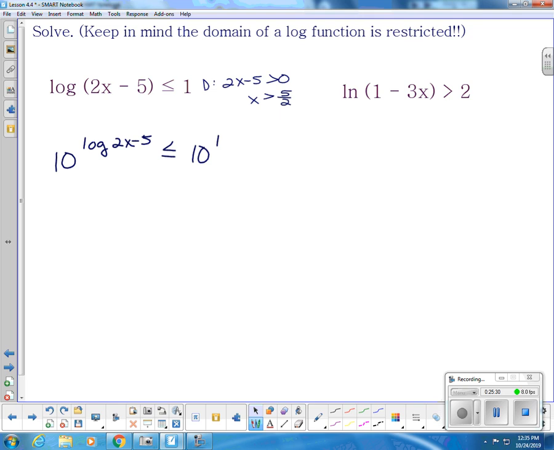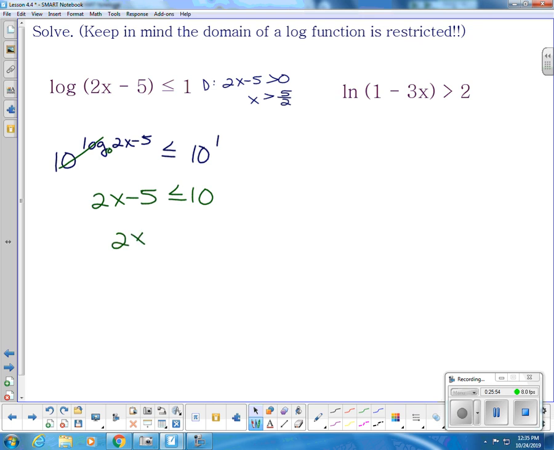All right. Because this is base 10 here, this cancels, and you have 2x minus 5 is less than or equal to 10. If you just write it exponentially, which side does it go on? That's the problem, the exponential. Flips its own. You write it, okay? And then you're just solving.